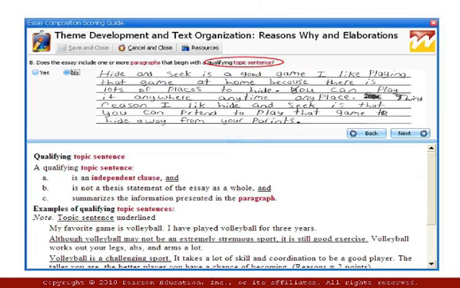Criterion B is a qualifying topic sentence. Let me just give you this little clue. If you only have one body of text, the first sentence or the first sentences are going to be the introduction. So if there's only one body of text, you will not have a qualifying topic sentence. A qualifying topic sentence summarizes everything within that paragraph, except if there's only one paragraph, I must use the first sentences to actually respond to the prompt.